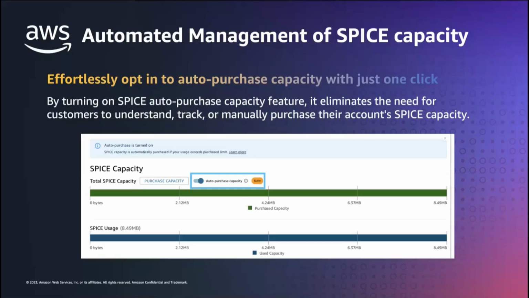Instead, it will automatically match your purchased capacity to your usage, so no ingestion will fail. This is an exciting feature we launched at re:Invent, and hopefully it will bring a lot of flexibility and ease for customers to use SPICE.